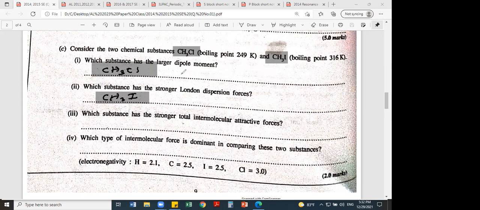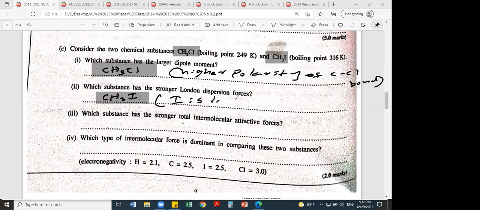For this one, iodine is larger, with a larger electron cloud than chlorine. That's why London forces become stronger when the molecule becomes larger. Good, that's correct. Next one.